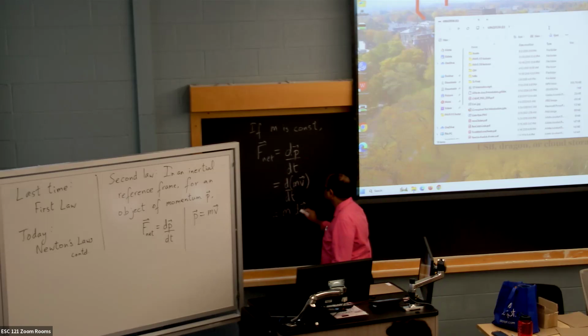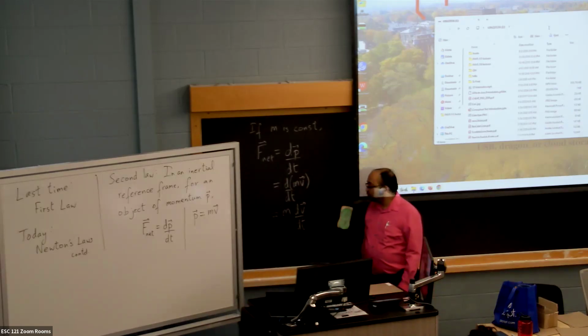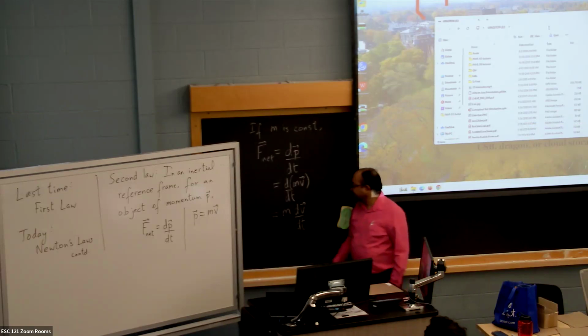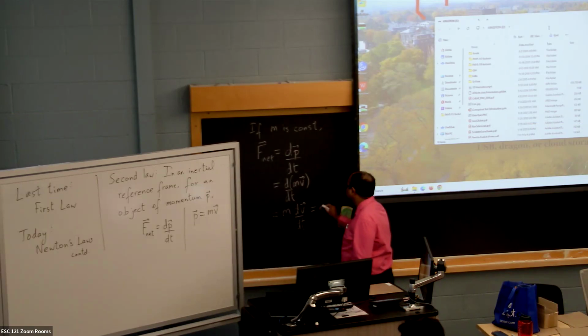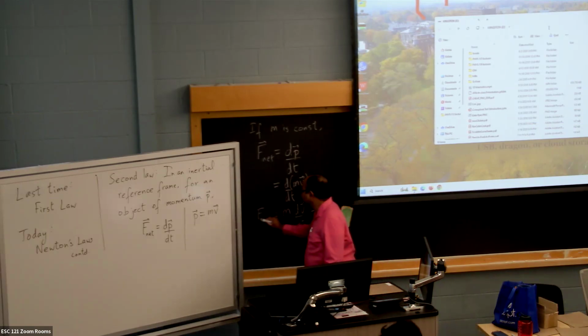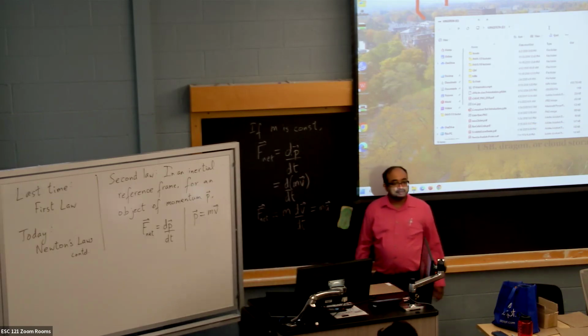And so we get mass times dv/dt. And what is dv/dt? Acceleration. And so this is how we get the more familiar form, which you've probably heard before, of F equals ma.